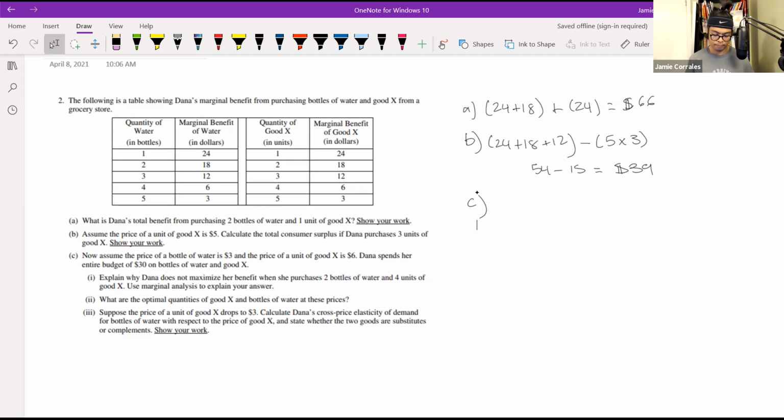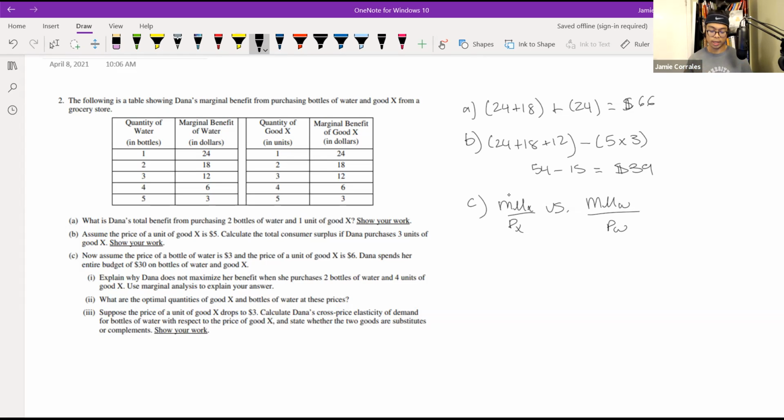Let's see here. What I'm going to do is compare the marginal utility of X over the price of X to the marginal utility of water over the price of water. PW stands for price of water and MUW stands for marginal utility of water.